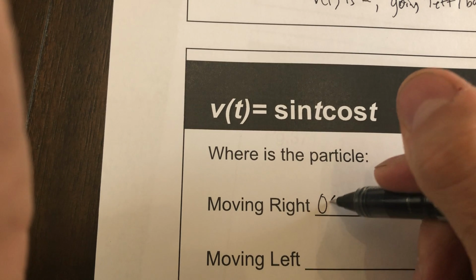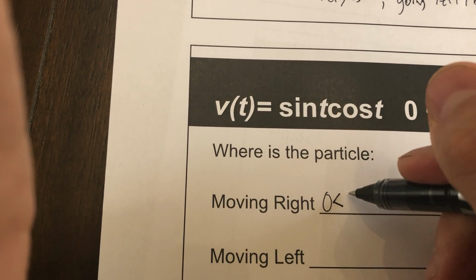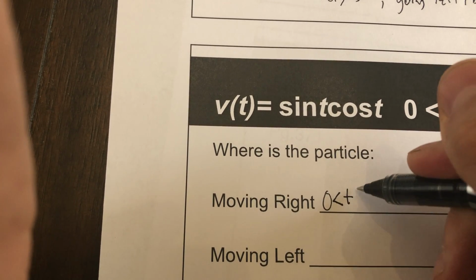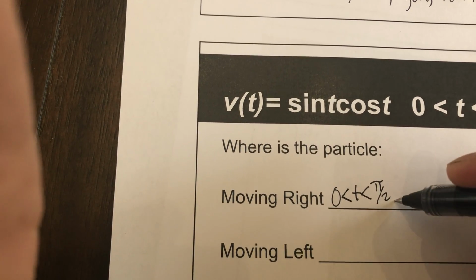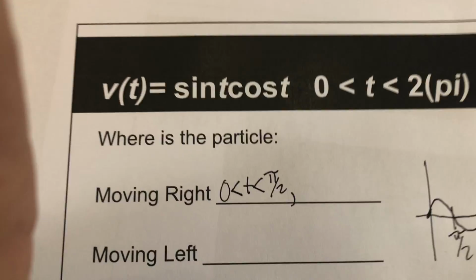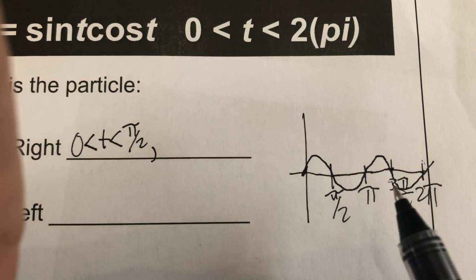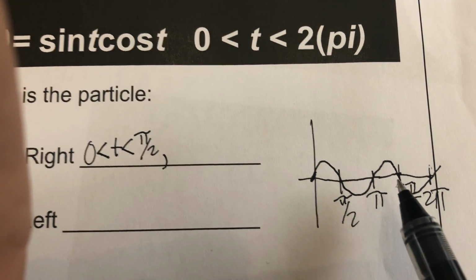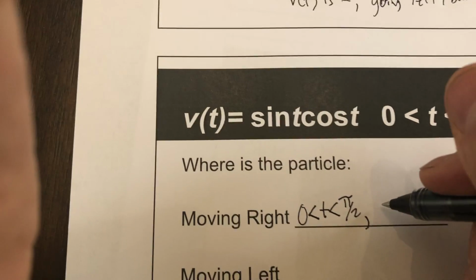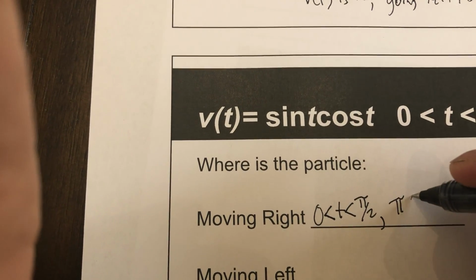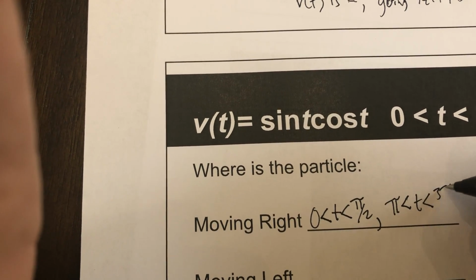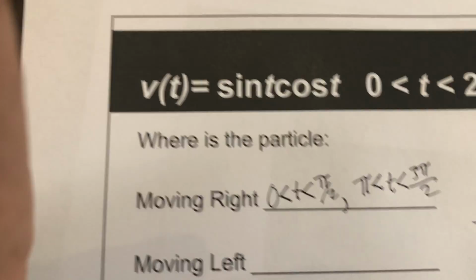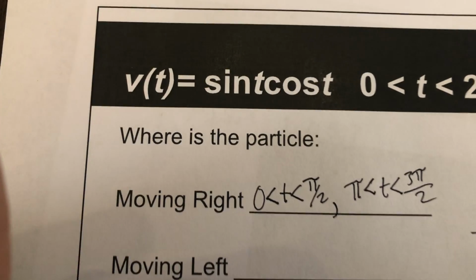So from 0 to pi over 2, and also from pi to 3 pi over 2 is above the axis. Those are 2 times it's moving right.